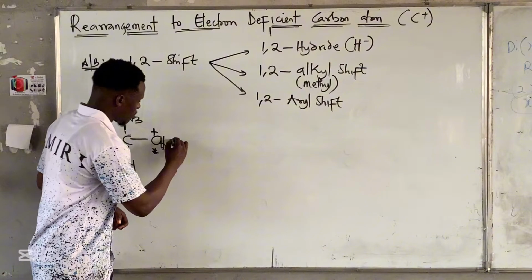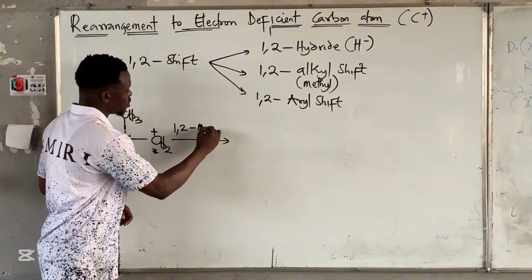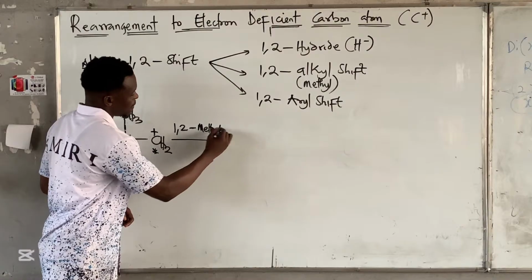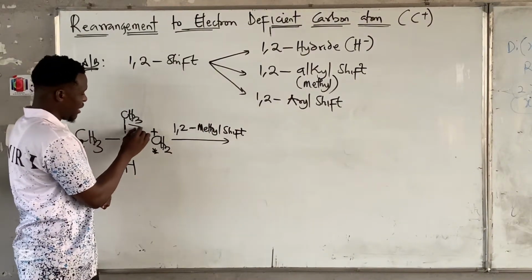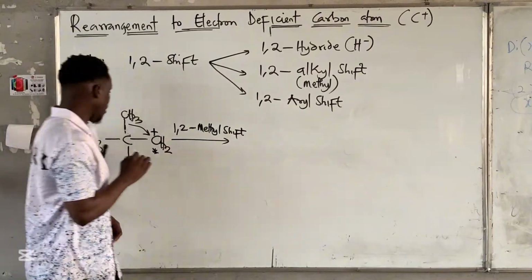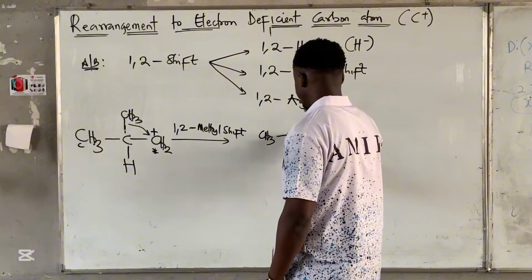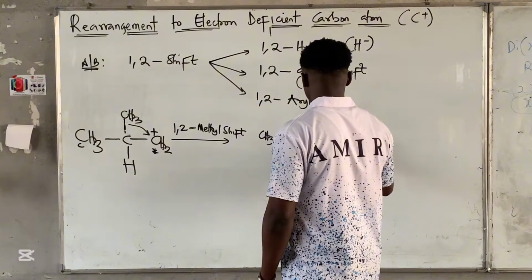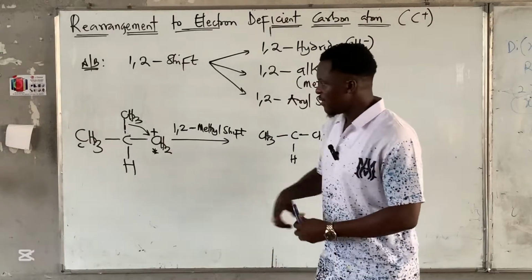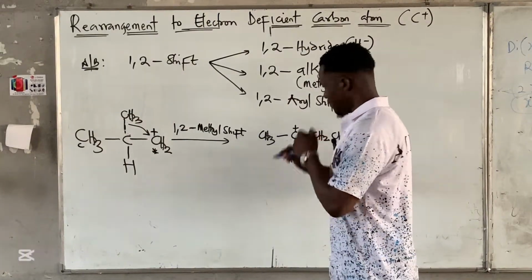So here, if I say 1,2 methyl shift, I'm going to move this methyl here. All right, this becomes CH3, CH, CH2, CH3. I have moved the CH3 to this position. Here becomes a positive charge.